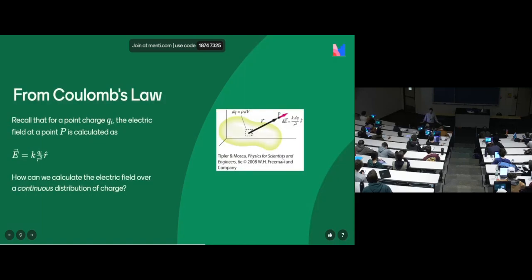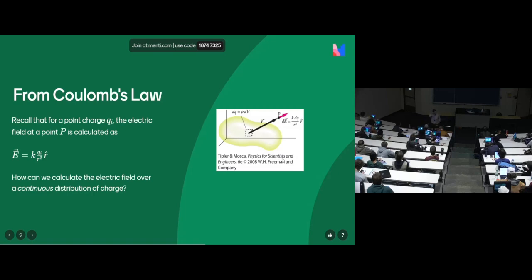Yay, integrals. From Coulomb's law, recall that for a point charge Q sub i, the electric field at the point P is calculated as kQ over r squared times r hat. That's what we just wrote on that second problem where we were trying to find where the electric field was 0 at the origin. So how can we calculate this electric field over a continuous charge distribution?